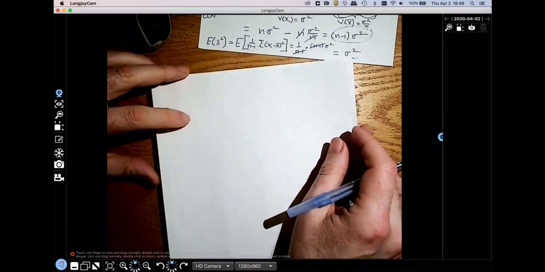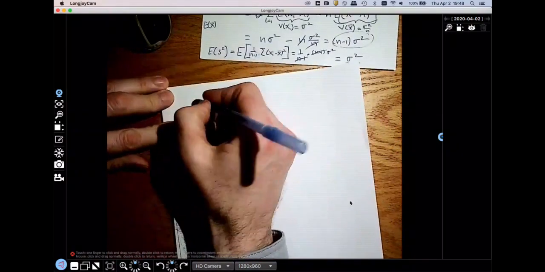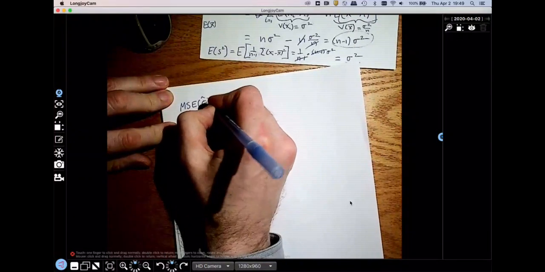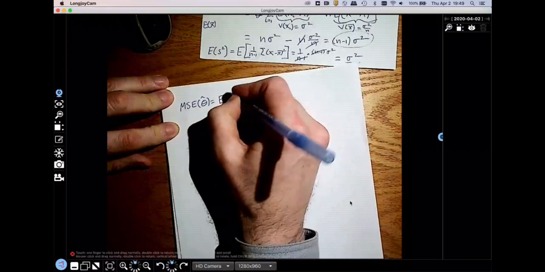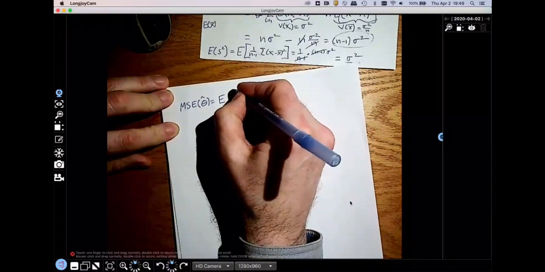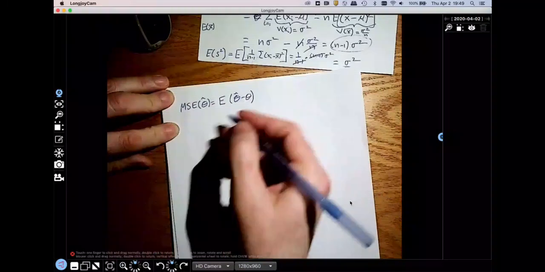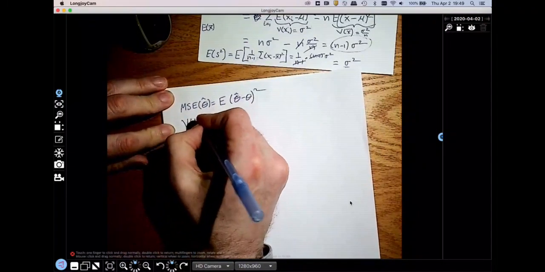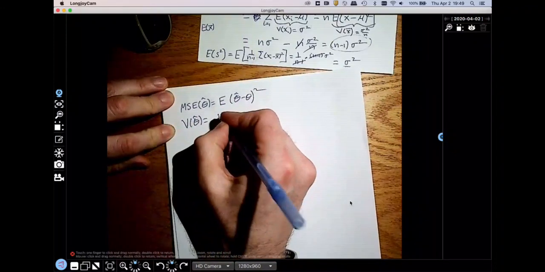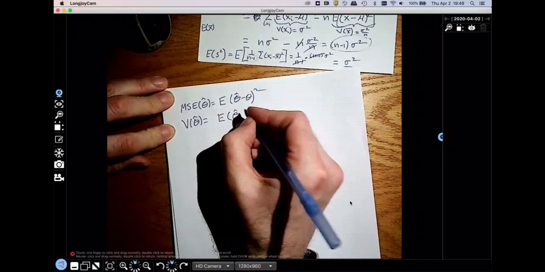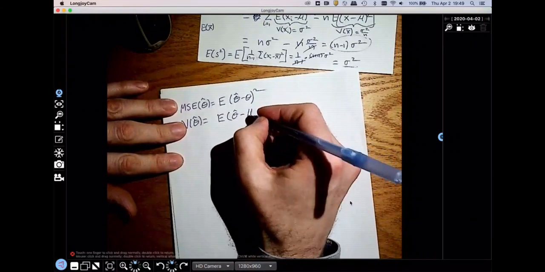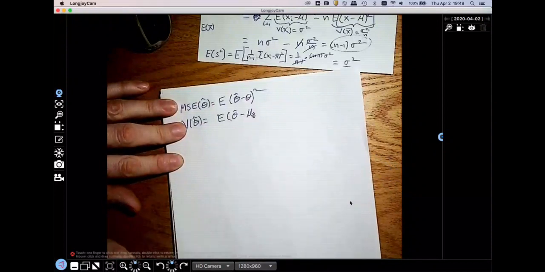What I'm going to remind you of: the mean squared error of theta hat is just the expected value of theta hat minus the truth, squared. And remember the variance of theta hat. What's the variance of theta hat? Well, this is just the expected value of theta hat minus the mean of theta hat, mu theta hat, squared.